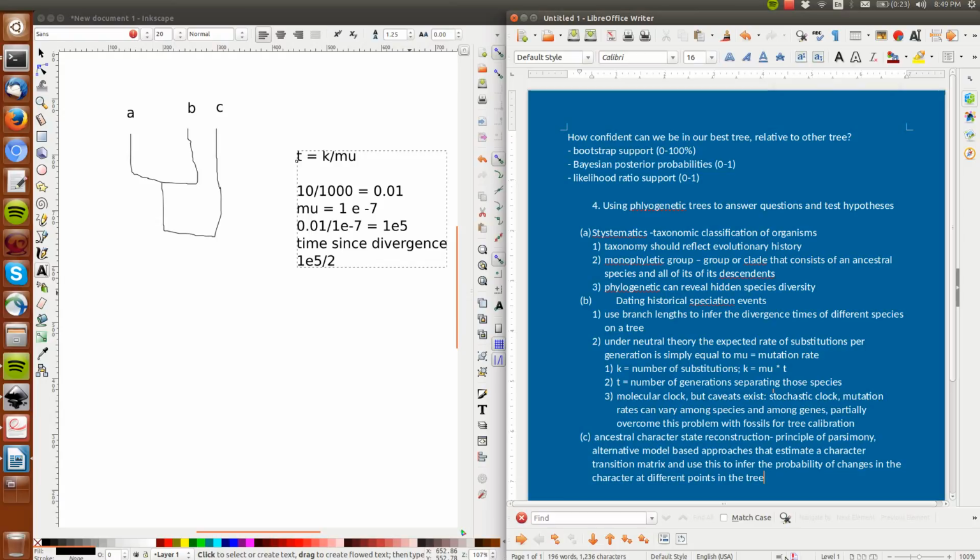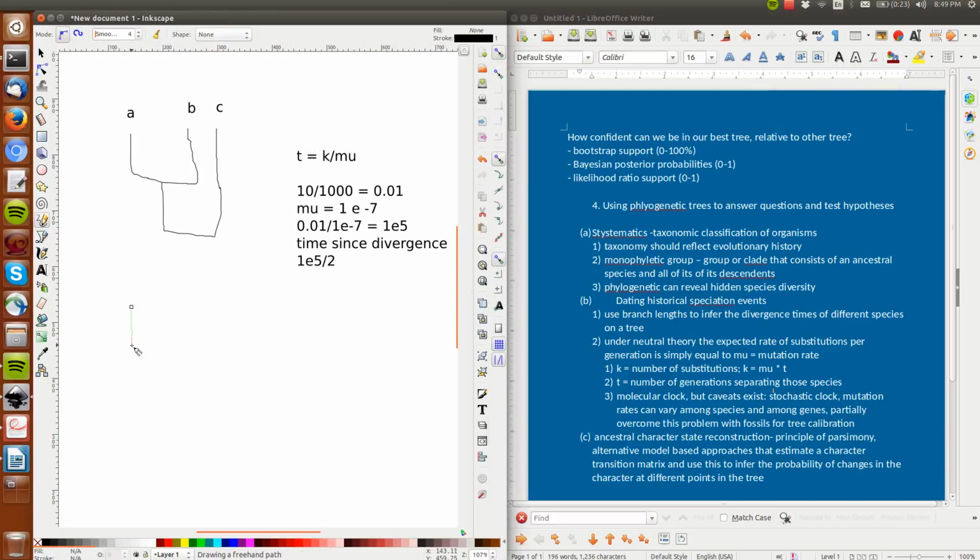This is usually done in a probabilistic fashion. And to clarify a little what I mean here, we have this character transition matrix. So picture a little matrix here.